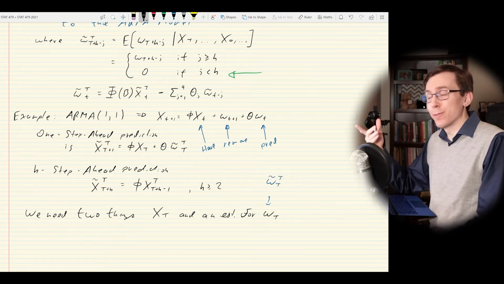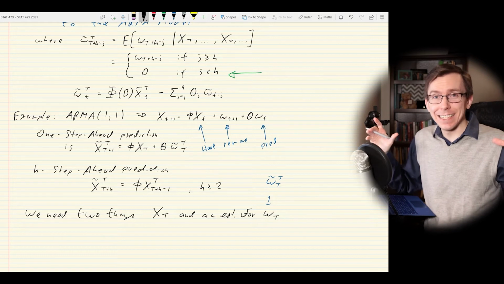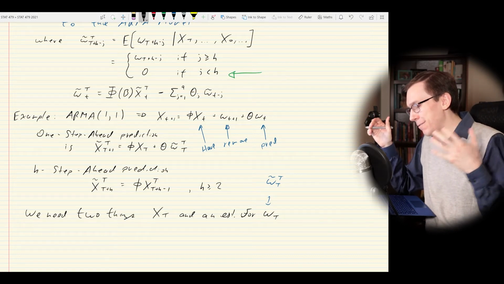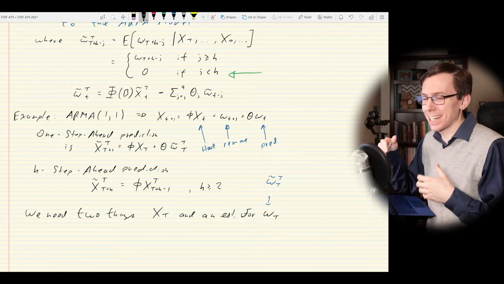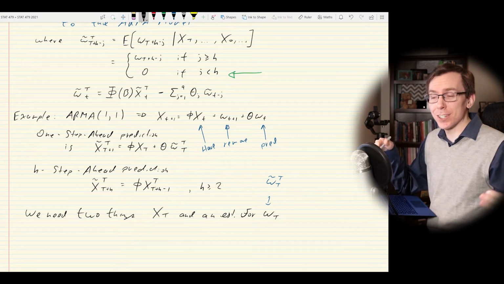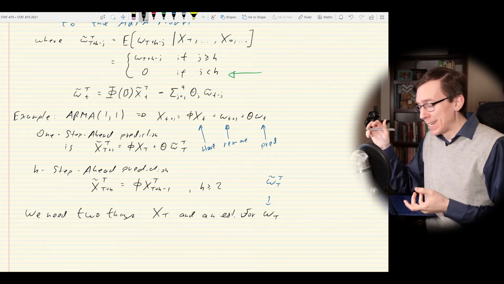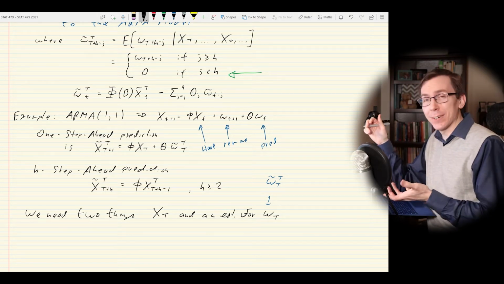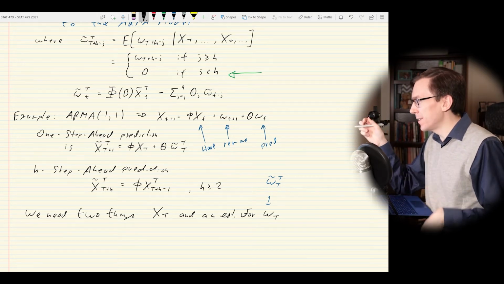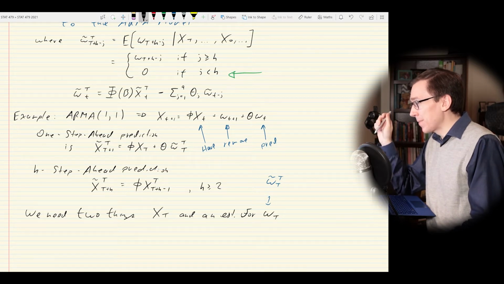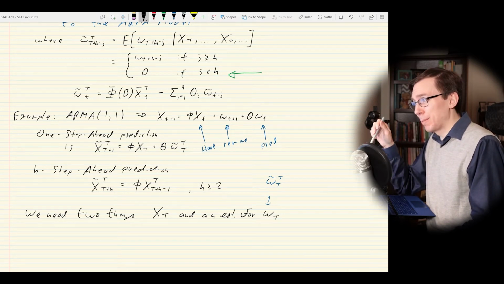And that's all we need to do forecasting. Now, granted, the entire data set could be used to estimate phi and theta, like we talked about in the previous lecture using maximum likelihood. So we still want to have lots of data, right? But the point is, for forecasting, we really only need that xt, and we still need to figure out what w is. So in that case, we're going to have to work a little bit harder.